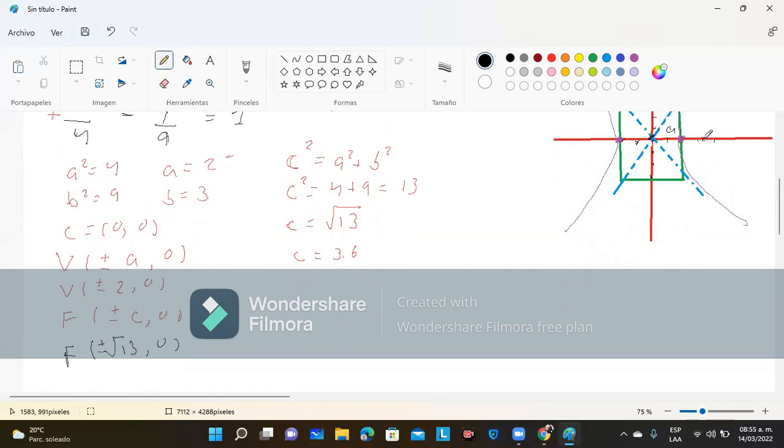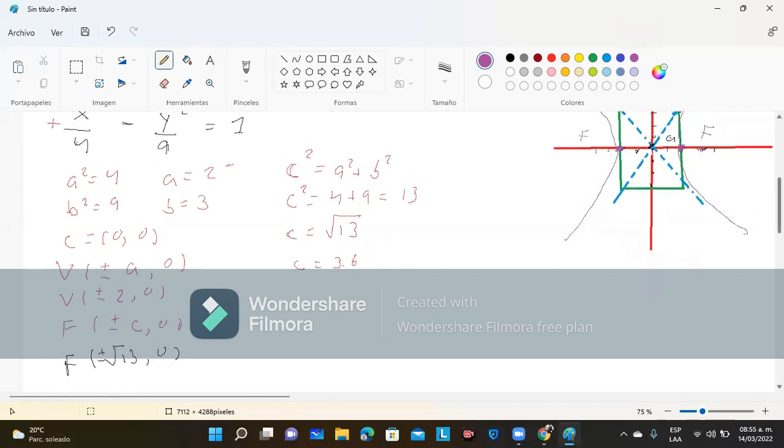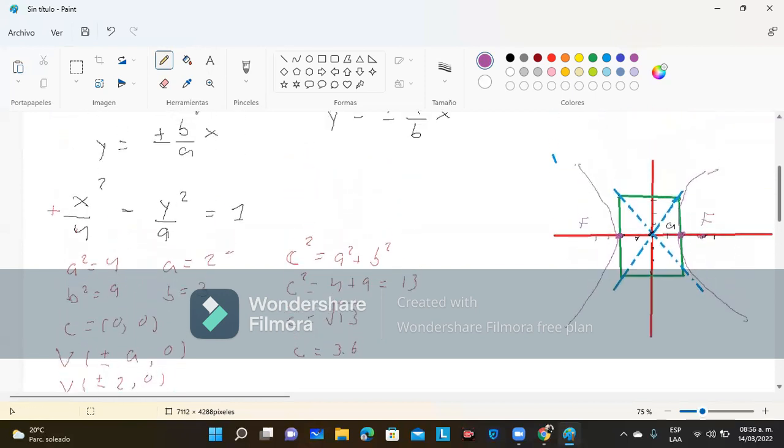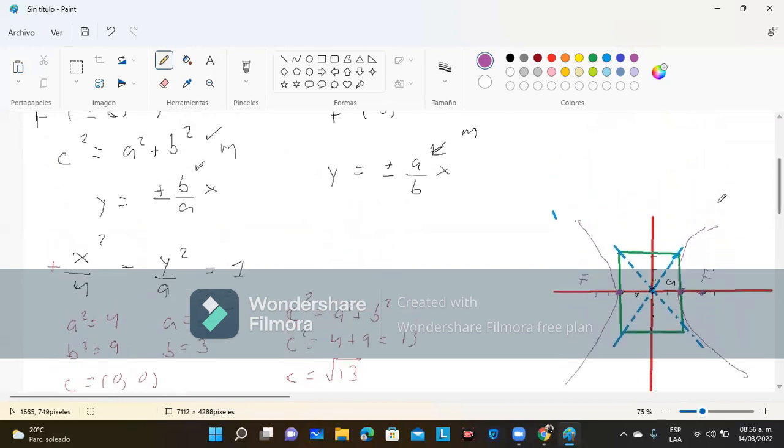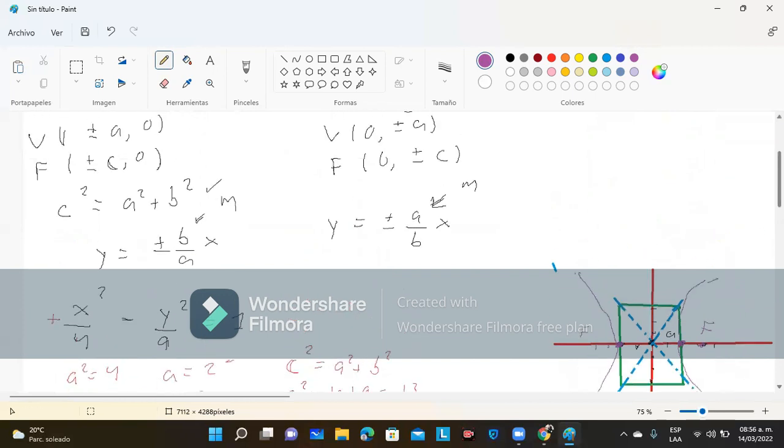So it's going to be something like here. Approximately here is going to be the foci. This is the foci. Also here we have the foci. Okay, so in this example, we are going to know that here we have the foci. Okay, and let's go back. Let's go back with the examples.